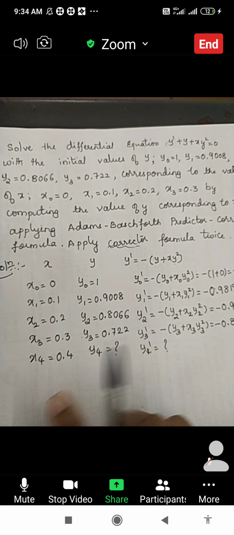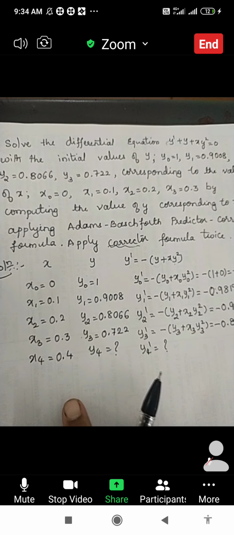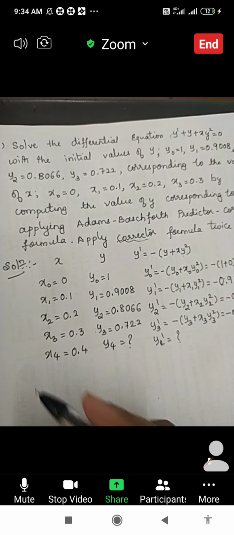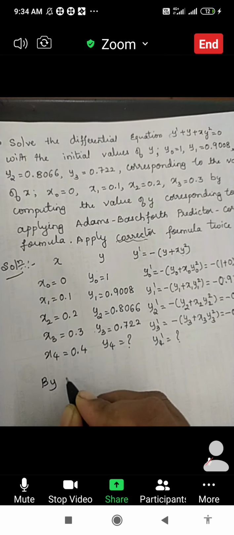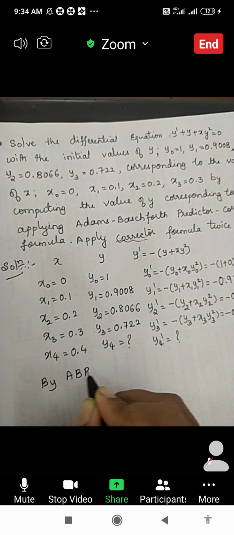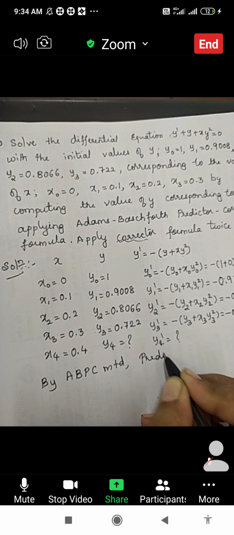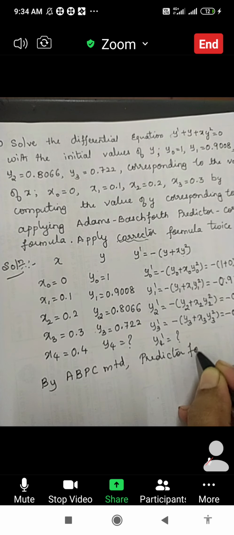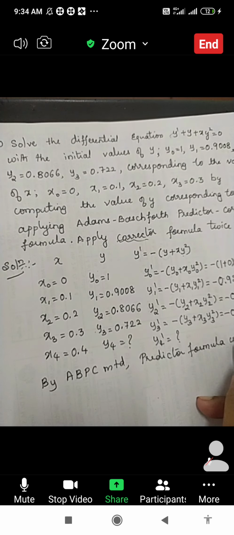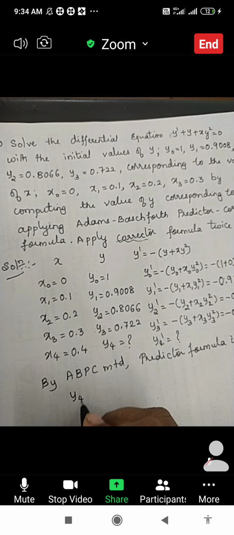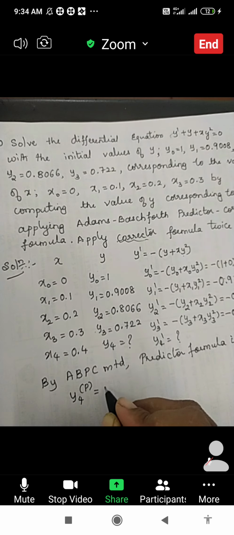Okay, after the formation of the table, next part is we have to apply the predictor formula. Correct? We are doing it by the Adams-Bashforth predictor corrector method. Predictor formula is y4 to the power p. How it is defined?